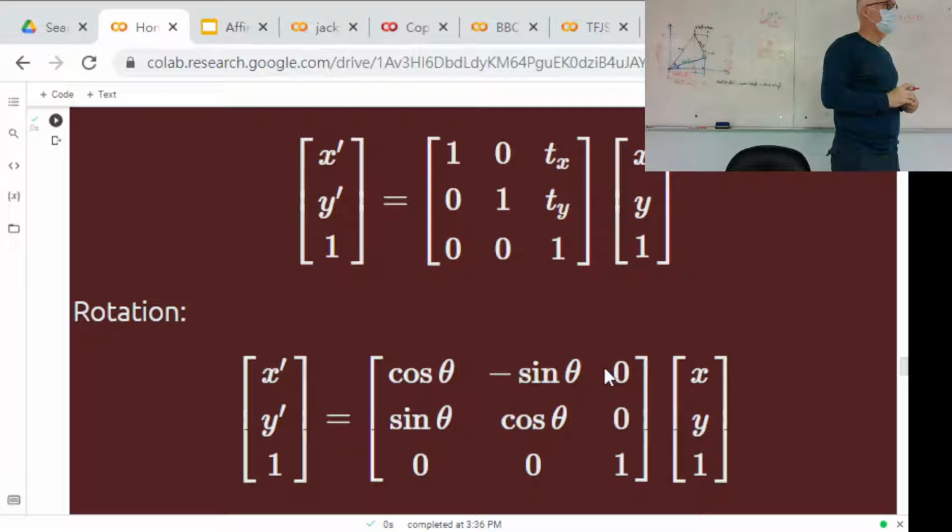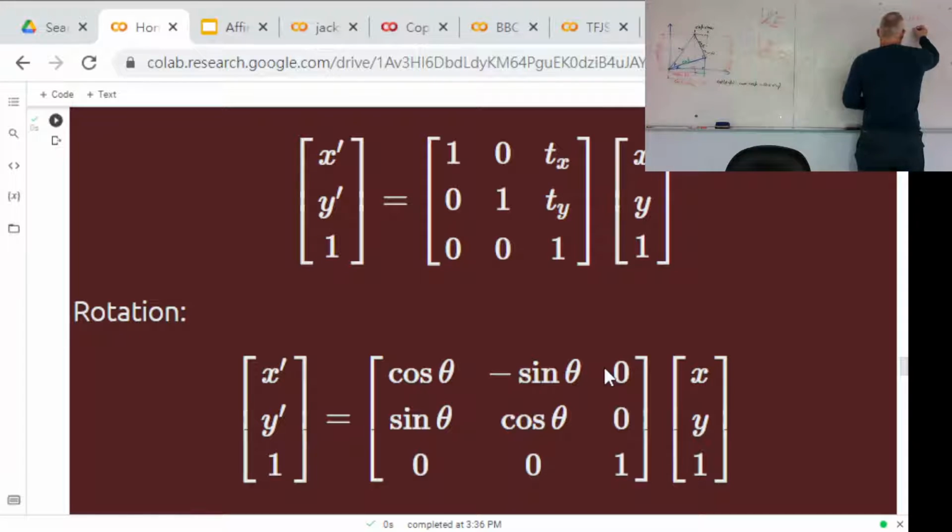Right? Then in homogeneous coordinates, the corresponding translation matrix, 3 by 3 matrix, would look like this.